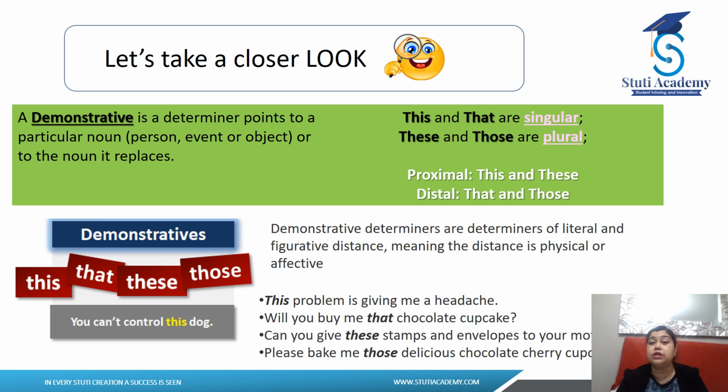Now, when you're talking about these, they are many, and again, proximal, they're close to you. They're here. Please bake me those delicious chocolate cherry cupcakes. Now you're talking about those, which is again distal, but many. So demonstrative determiners are singular or plural, and they are proximal or distal. Remember these. Let's move ahead.